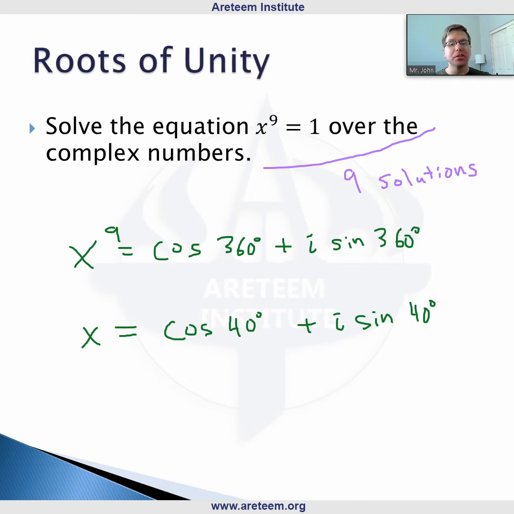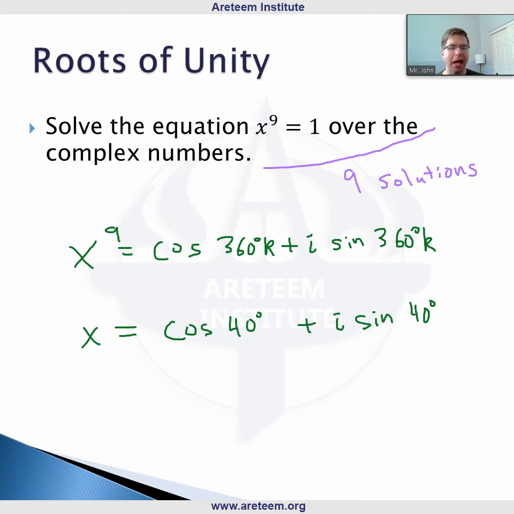There's different ways to do this. You could say, well, what happens if instead the angle is 0 or 720? We can actually do that really quickly with some variables. Actually, this works for any multiple of 360. We can write the equation cosine of 360 degrees times k plus i sine of 360 degrees times k.